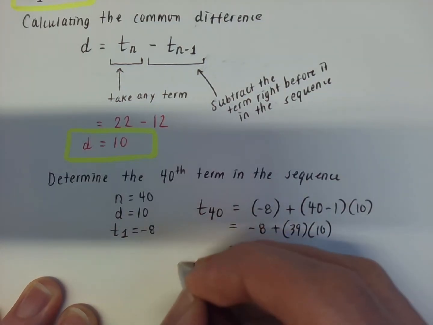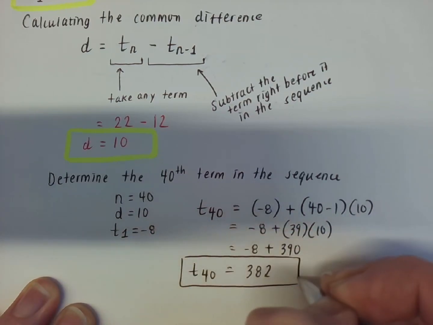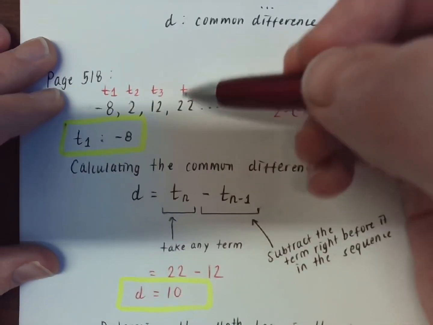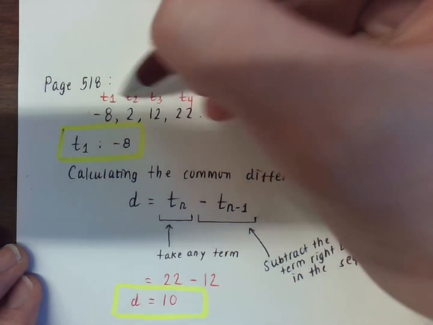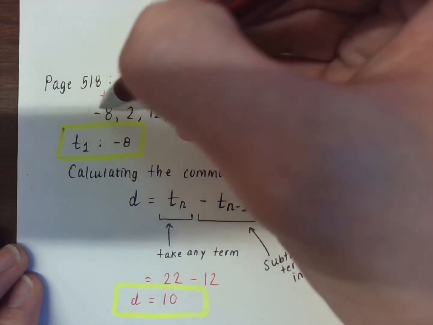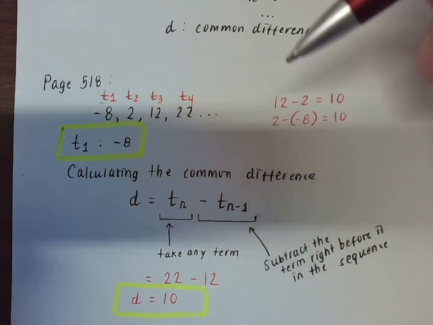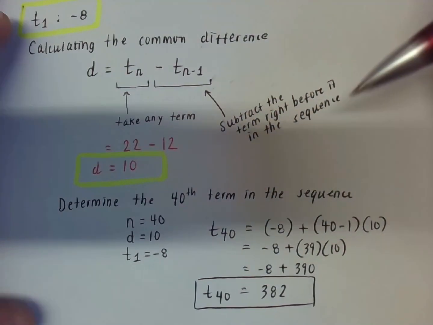So from a limited amount of information, you really only need to be able to figure out, okay, well, what's that common difference? And what's that starting point? And then you could technically find many different values.